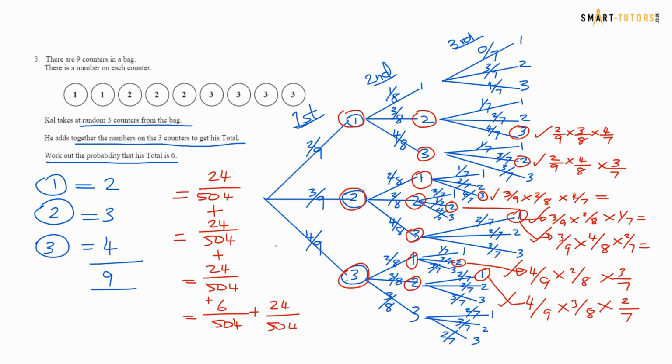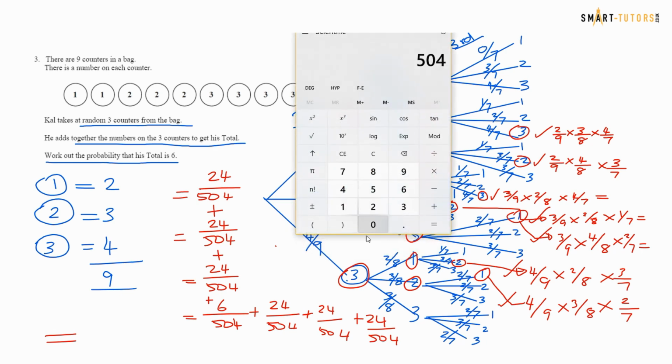Then the last two: plus 6 times 4 is 24, again 24 over 504, plus 24 over 504 again. So if you add everything together, the final answer is 6 of 24 plus 6, which is 150.